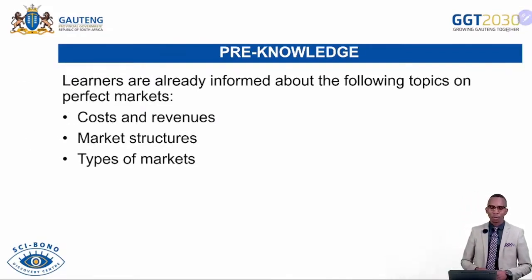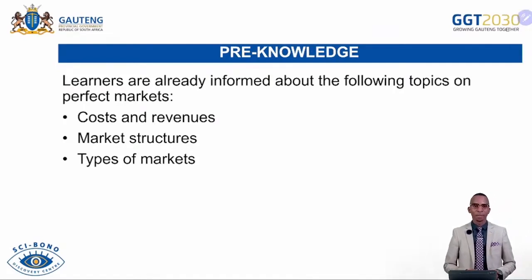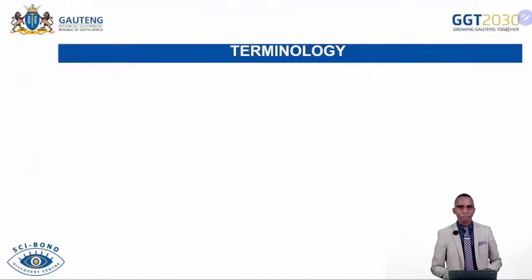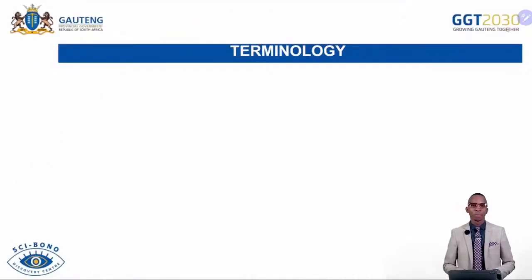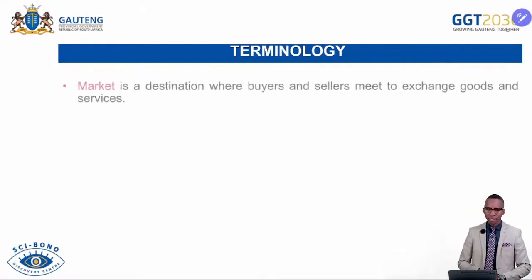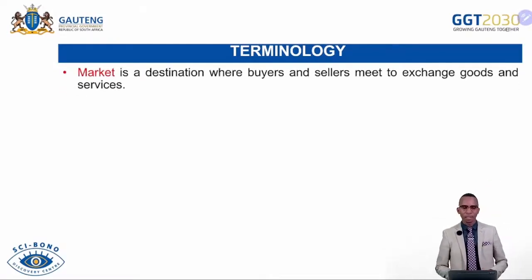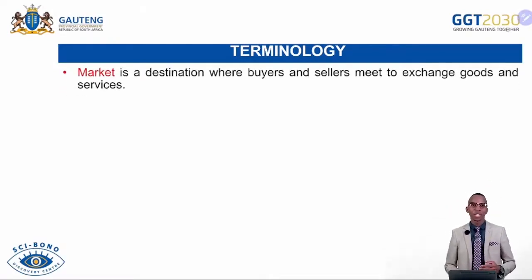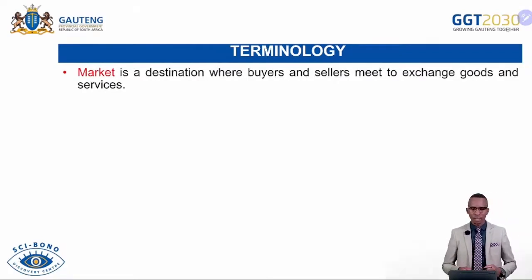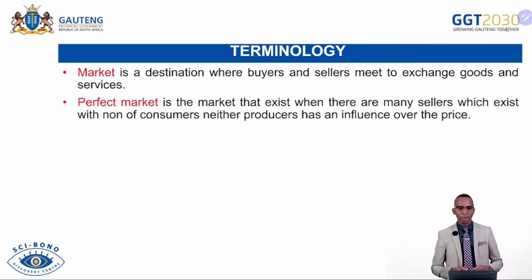You also know types of market that exist within the market topic as a whole. And then these are the basic concepts or terminologies that will assist you to go with me and understand this lesson. Firstly, the market. We know the market is the place or destination where buyers and sellers meet to exchange goods and services.